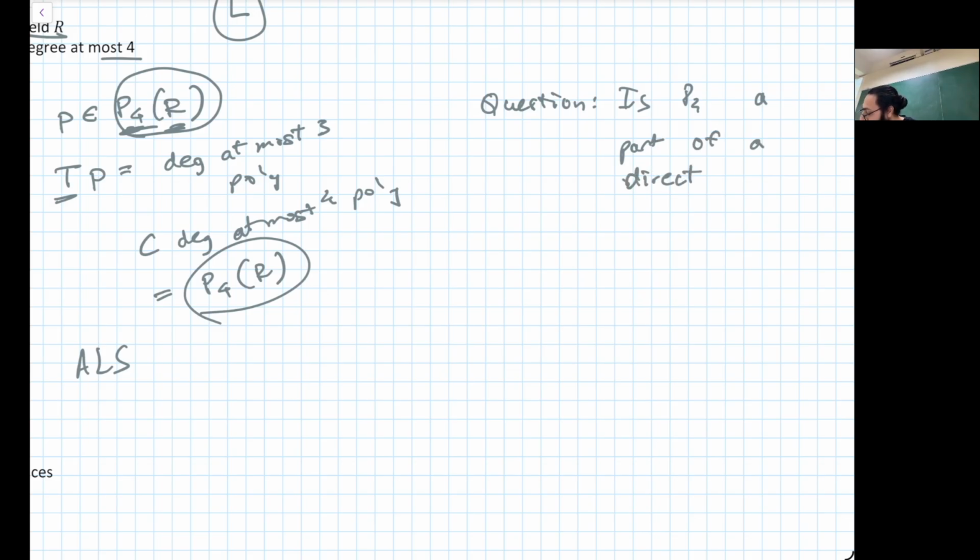It's a reasonable question. If you take any subspace, you can find something else that makes it into a direct sum decomposition. It's almost like a vector: if you give me one vector, I can extend it to a vector space. It is similar. If you give me one subspace, I can construct another subspace such that the direct sum of the two would give you the initial space. We didn't prove it. We don't really need it, but it's good to keep it.